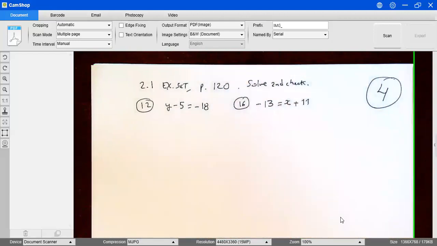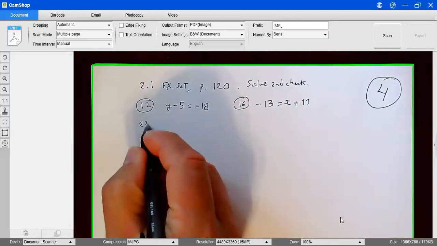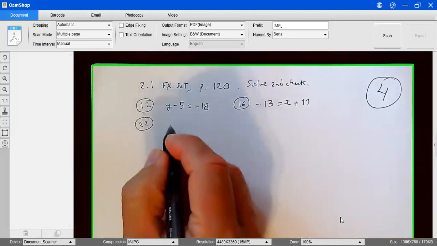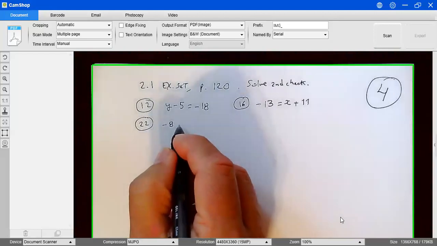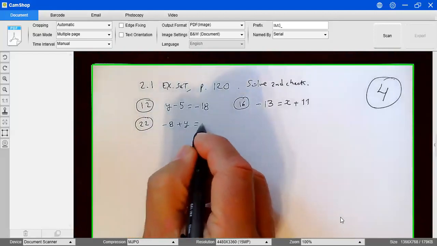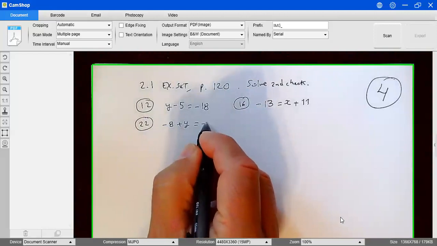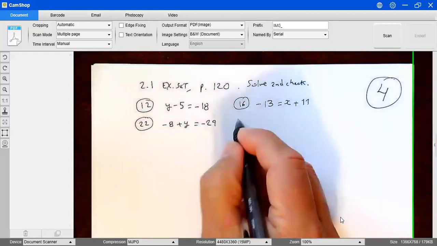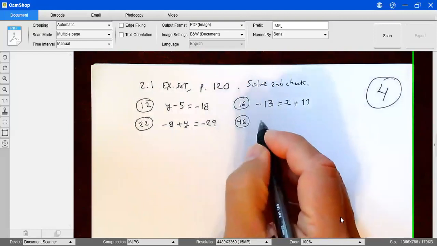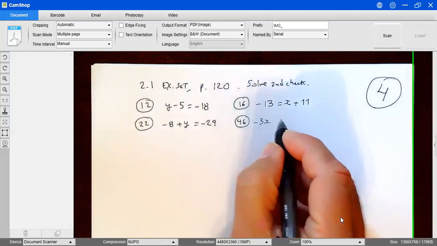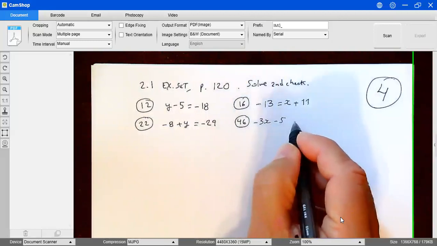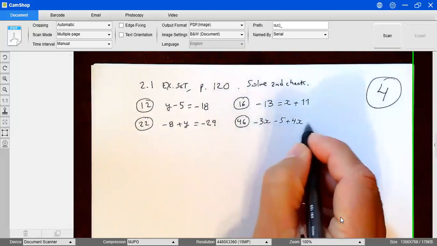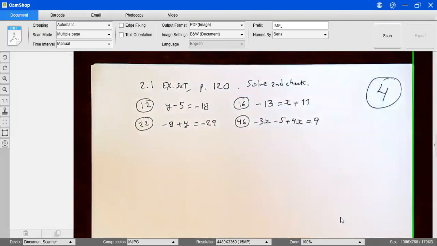It doesn't matter whether you get your variable on the right-hand side at the end of your process. As long as the variable is isolated is what matters. Then we have problem 22, negative 8 plus y equals negative 29, and finally problem 46 is negative 3x minus 5 plus 4x equals 9.